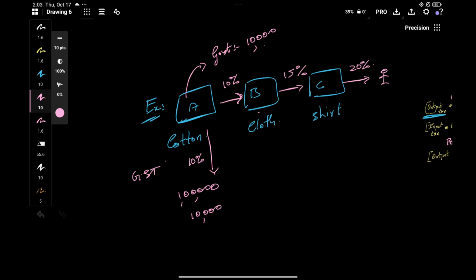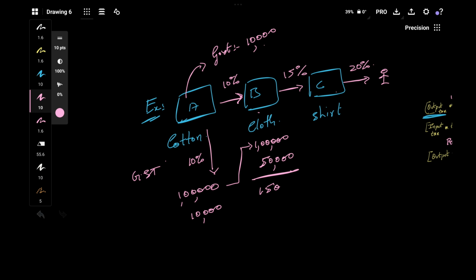And when B is selling to C, let's say B took this 1 lakh as his cost, and he has done some processing, and for all that processing and adding his profit, it has become another 1 lakh.